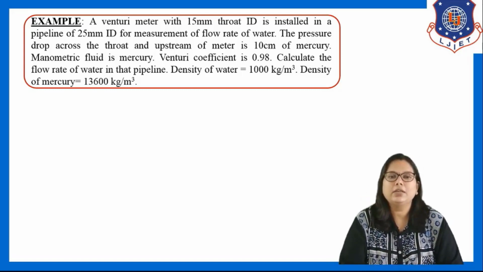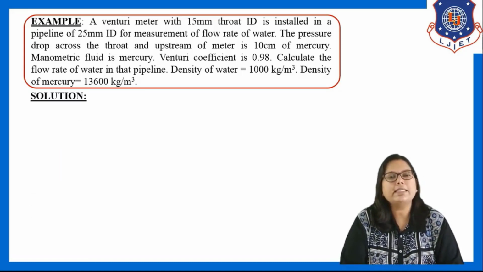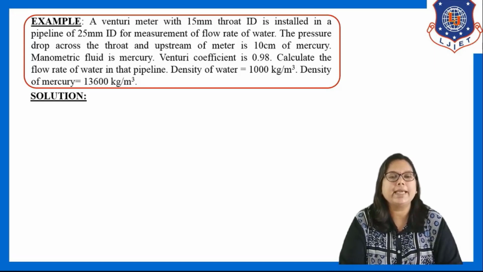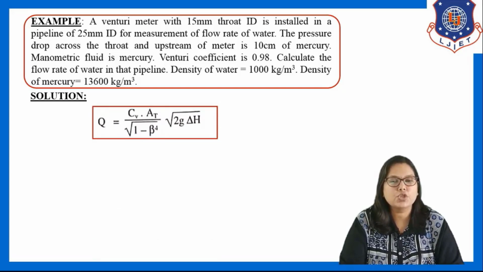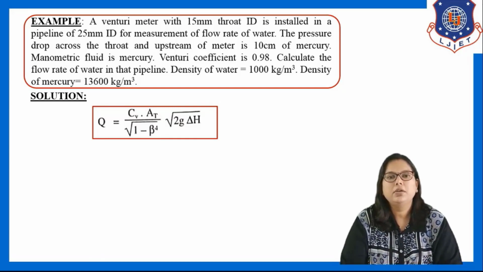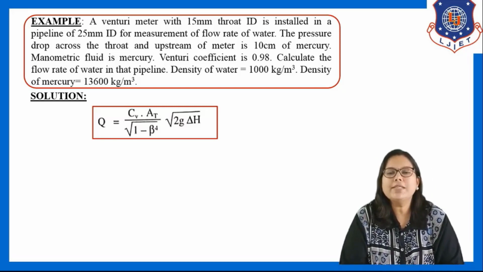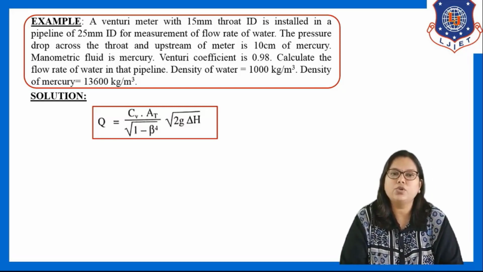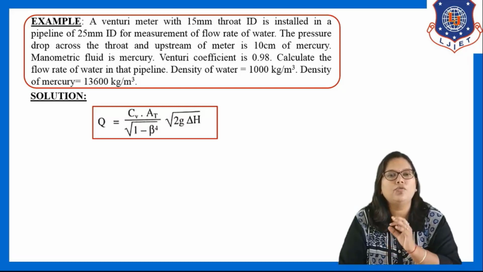So let us start to solve this example. We have already studied the flow equation which is used to calculate the flow rate in case of venturimeter. Write down the equation: Q is equal to CV AT upon under root of 1 minus beta raised to 4, into under root of 2g capital delta H. We all know what the terms are.